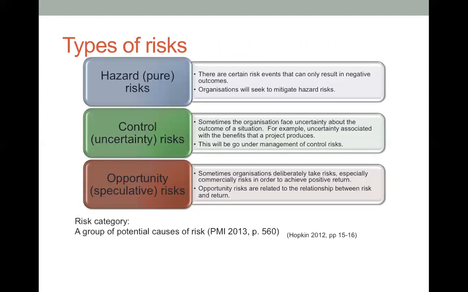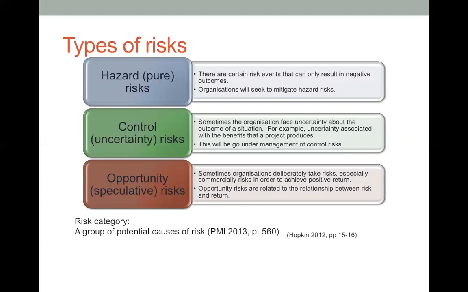So when we identify that, we have classified these events as purely negative. So what we do is try to mitigate the hazard risks. Organizations will try to mitigate the hazard risks.